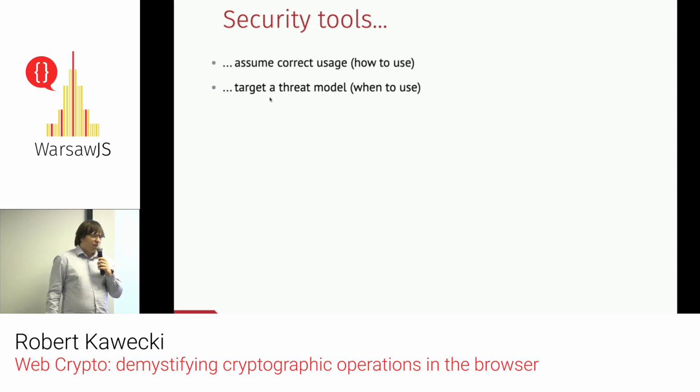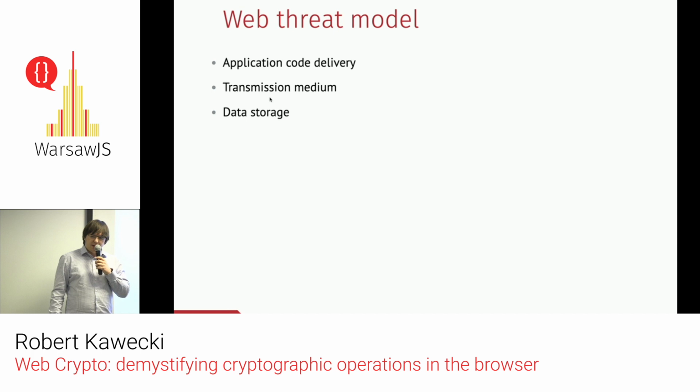And the second point might be the more important one, and it's that the Web Crypto API doesn't live in a vacuum. So you have to consider the platform first, which is the web platform. Now, web applications are perhaps unique in the fashion they deliver code to the executor.